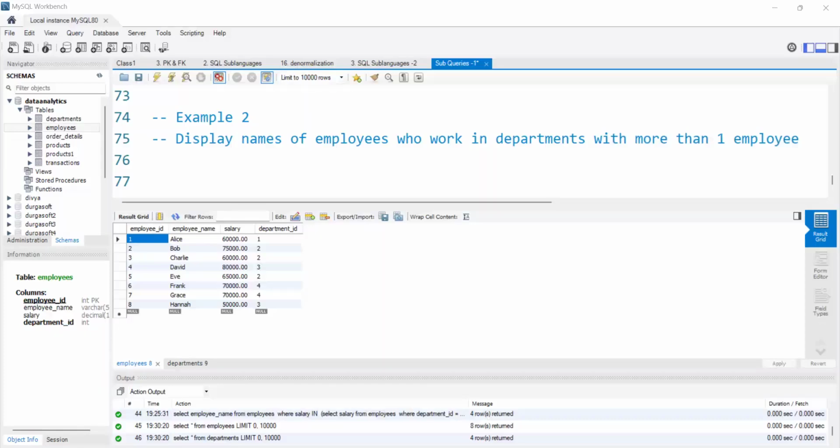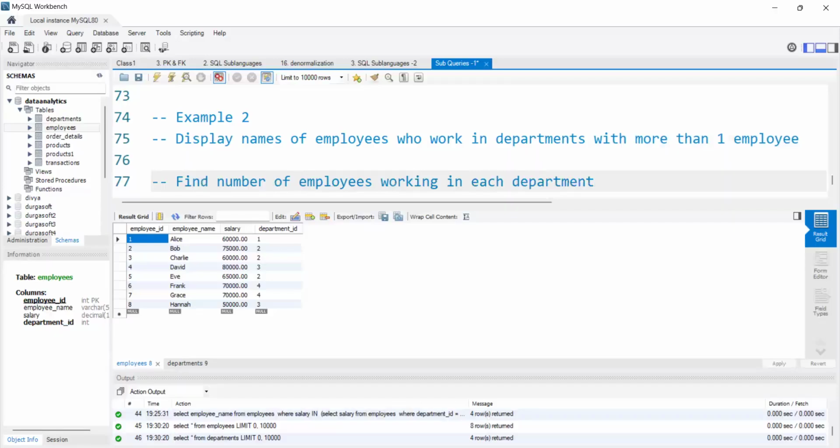So first, let me write here: we need to find the number of employees working in each department, correct? Am I right?